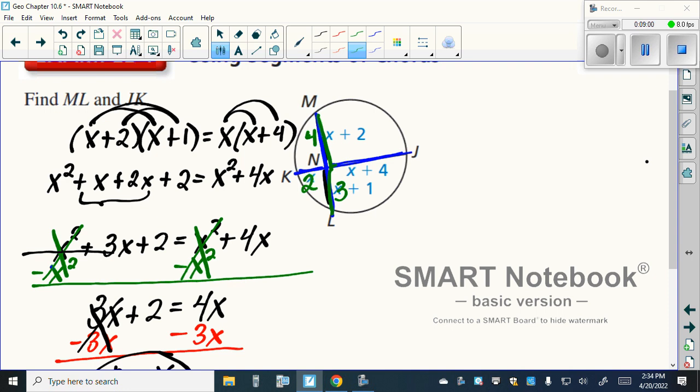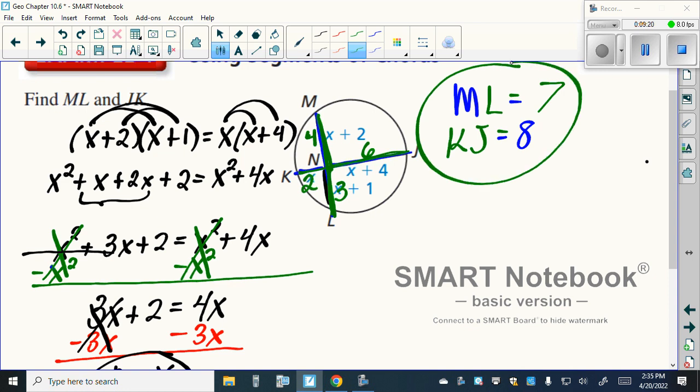And lastly, 2 plus 4 is 6. So ML would be 4 plus 3, which is 7. JK or KJ would be 2 plus 6, which is 8. So our two lengths are 8 and 7.